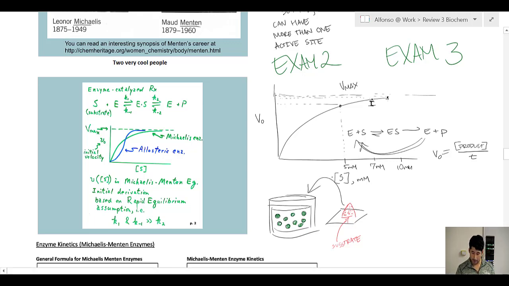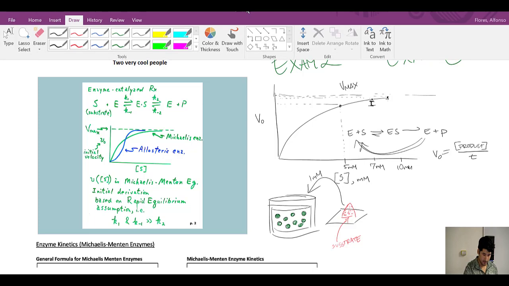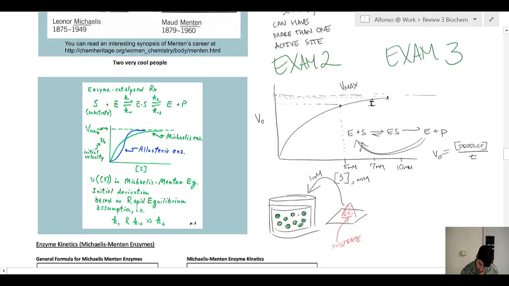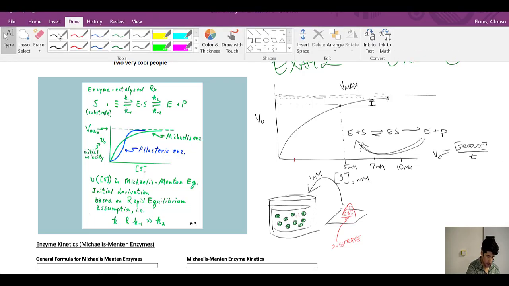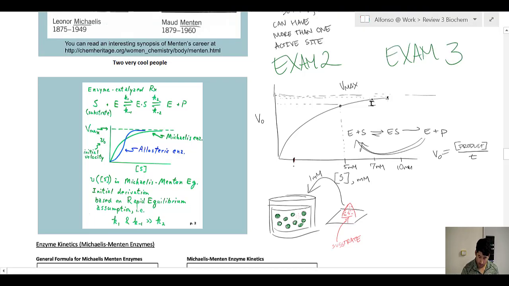So let's say we put in 1 millimolar of substrate. So this right here represents 1 millimolar, those dots right there. It's a very small amount of substrate. It's very tiny. So we're going to put the 1 millimolar here. So when we put 1 millimolar of this substrate, look at the velocity of the reaction.